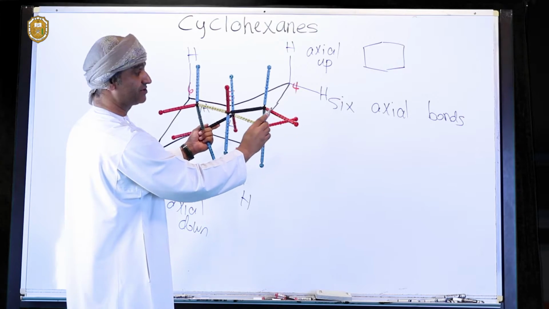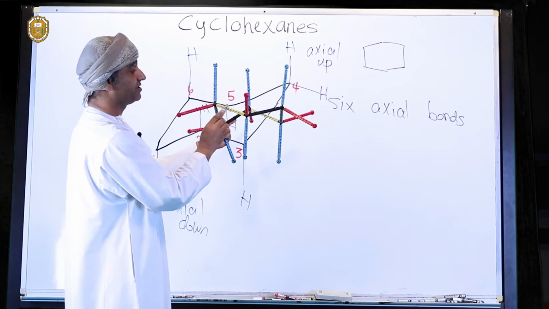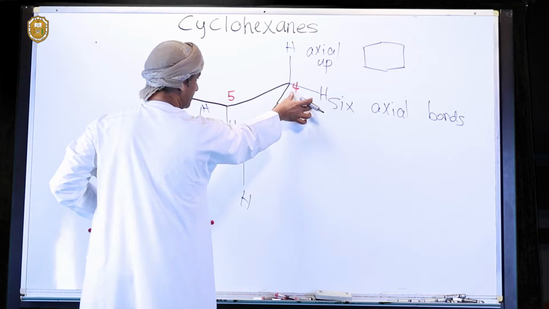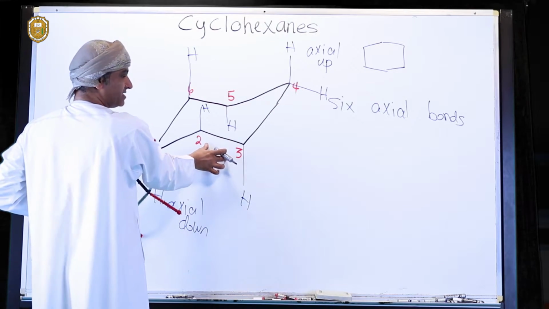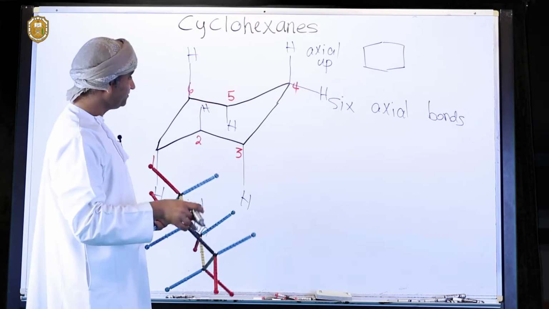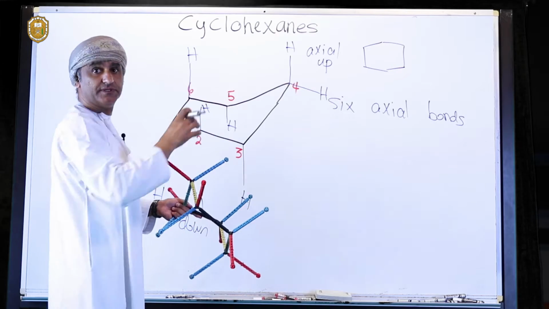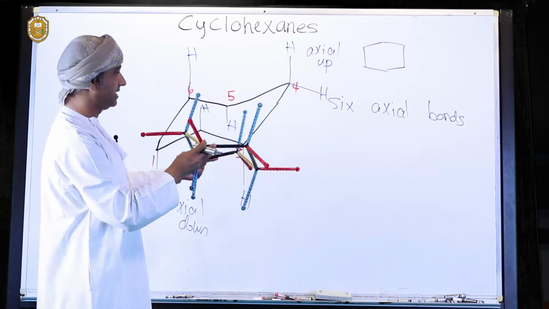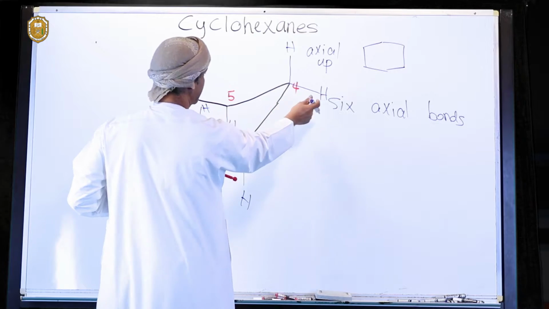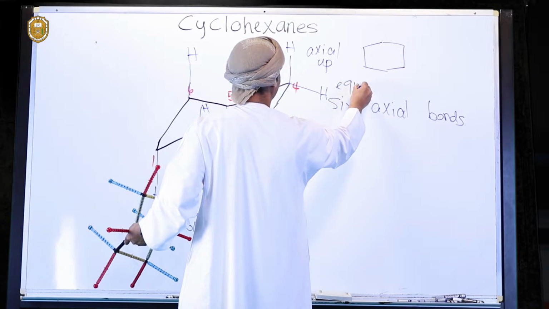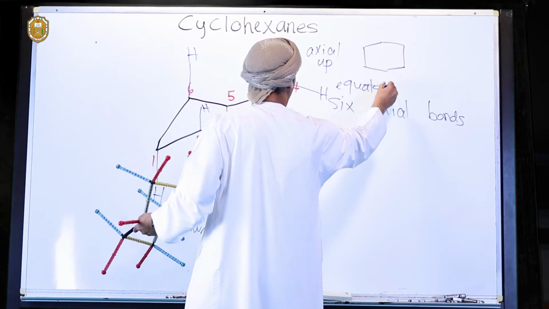Now this carbon-hydrogen bond is parallel with this bond. So this CH bond is parallel with the C2, C3 bond. And again, this fact should be reflected in drawing. So this CH bond is an equatorial carbon-hydrogen bond.